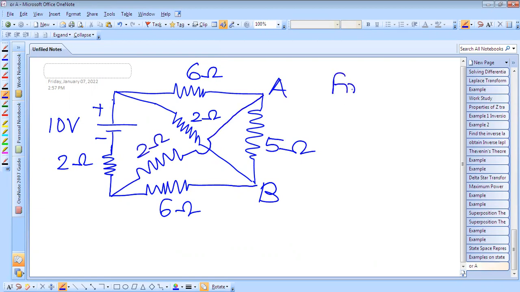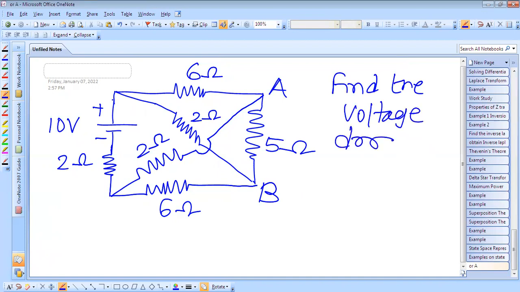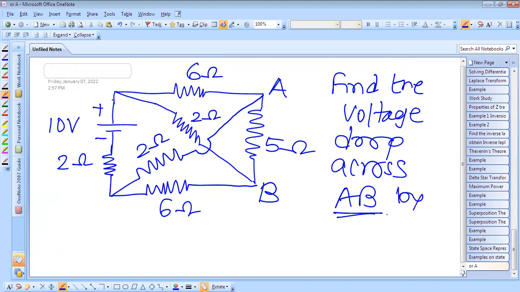And we have to find the voltage drop across AB by Kirchhoff's law.